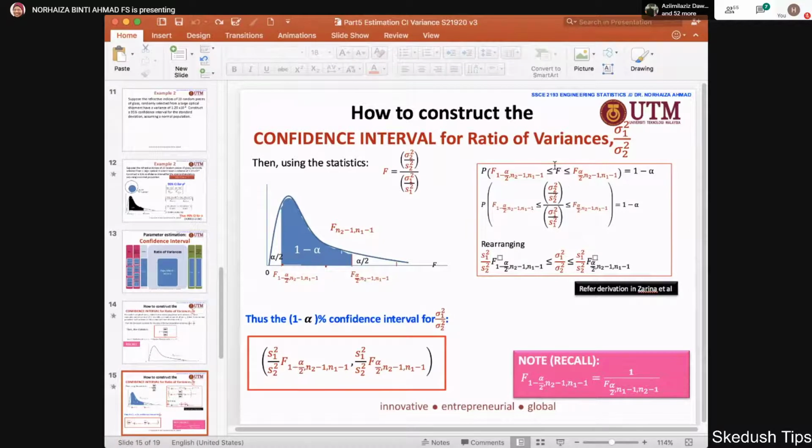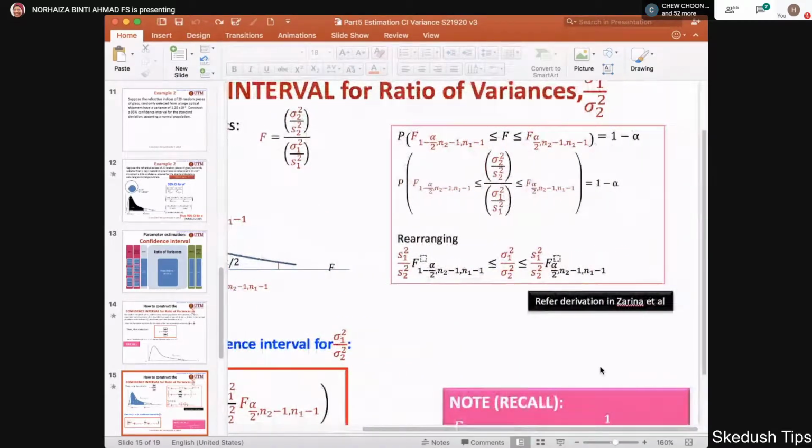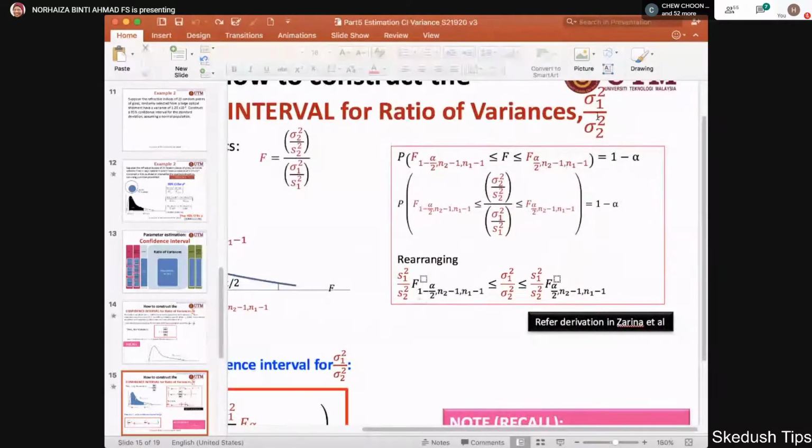If I manipulate F, I'm going to use this statistic, which is sigma 2 squared over S2 squared over sigma 1 squared over S1 squared. So I'm going to use this definition of the reverse formula just now. If I rearrange this, in the end I will get my estimate of sigma 1 squared over sigma 2 squared, because this is our aim.